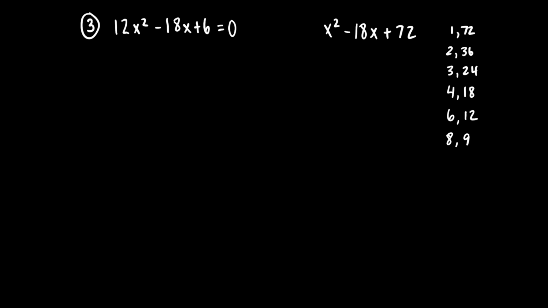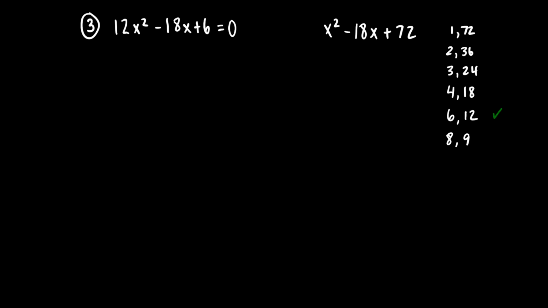I could throw negatives in on all these, but we'll just remember that all these have to be negative. Which pair here would add to 18? That's 72 and 1, 36 and 2, 24 and 3, 18 and 4, 12 and 6. Bam. All right, so the 6 and 12 is what we want.